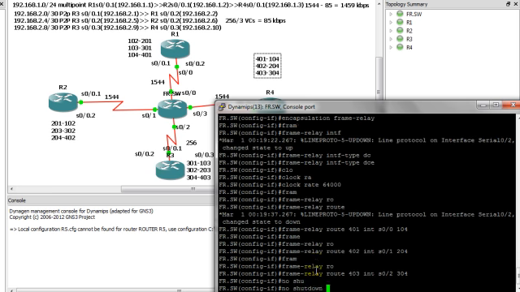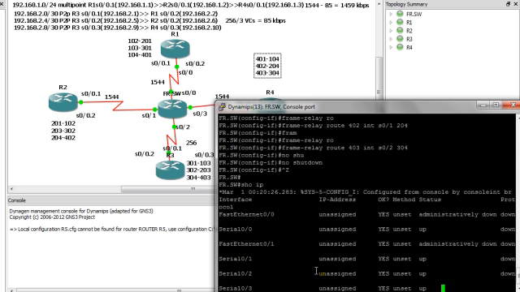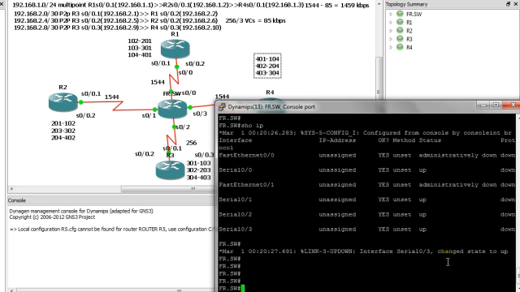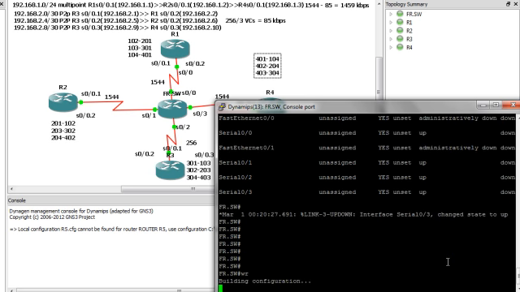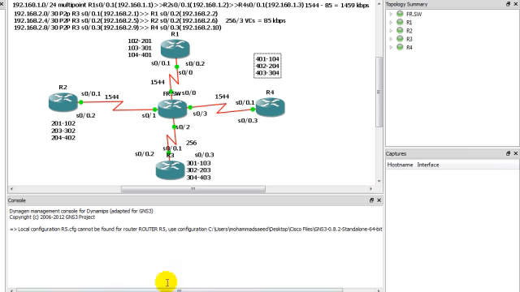No shutdown. Show ip interface brief, just to make sure I did all this. Serial 0/0, yes, all of them are up. Alright, save our configurations so I don't have to do it again. Now we have configured the frame relay switch.